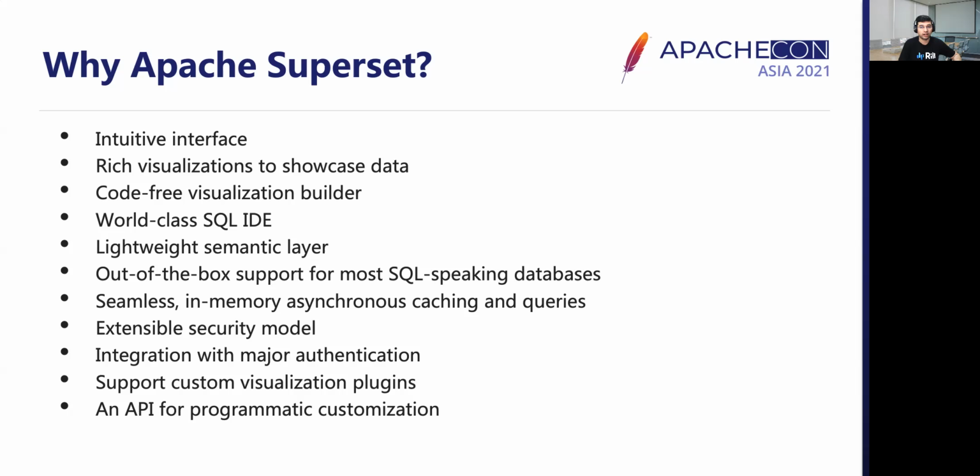The ability to add custom visualization plugins helps organizations customize it as per their own branding. They can also use the provided programmatic API for embedding and extending Superset for their needs. So overall, it is highly customizable, secure, and provides very rich visualizations. That is one of the reasons why we chose Apache Superset for this particular talk.